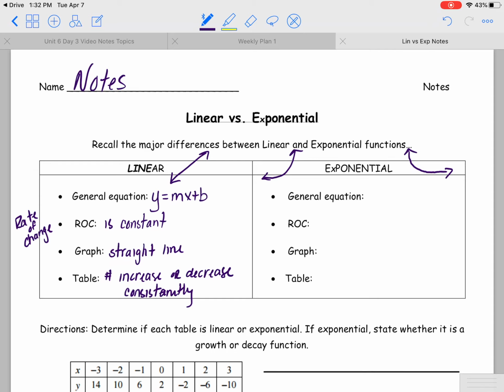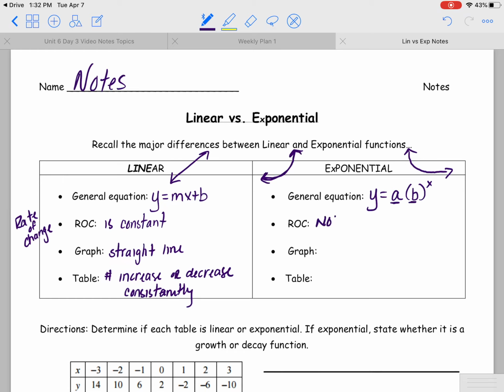All right, exponentials. This is what we talked about last week. The general equation we now know is y equals a times b raised to the x. Remember, a is your initial value, and b is your factor, whether it's growth or decay. The rate of change of these, if you look at your graphs, is definitely not a straight line.